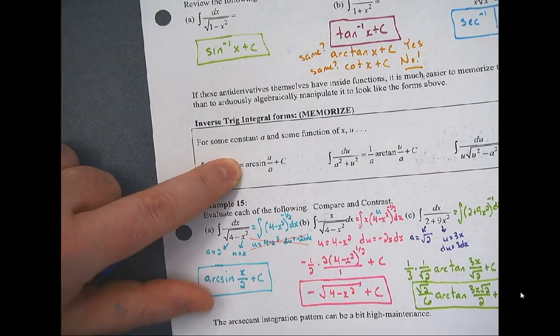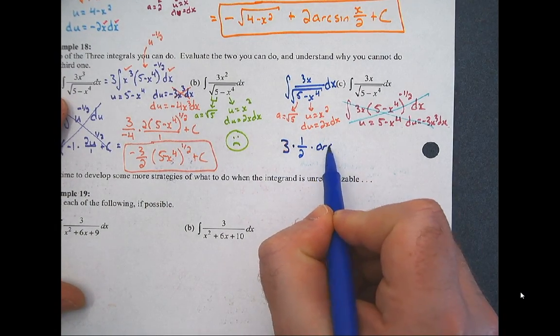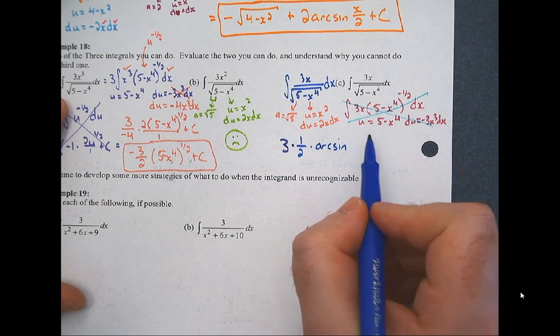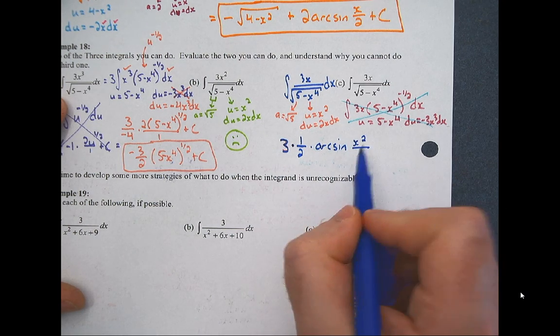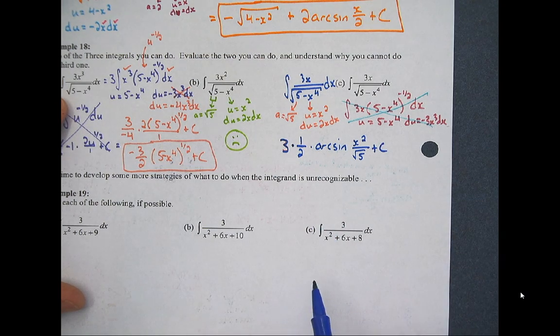So that's arc sine of u over a. So arc sine of u, which would be x squared, over a, which would be root 5, plus c.